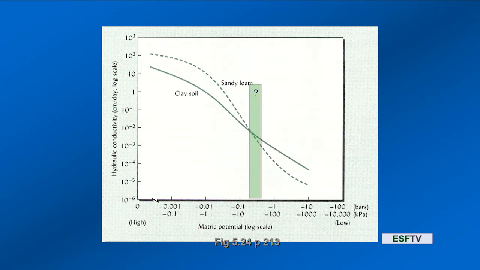We pass field capacity, and now all the micropores are filled with water, and that's where you see this flip. Now the clay soil has a greater hydraulic conductivity than the sandy loam. So this graph you want to keep in your head, because it is a very important link between soil texture and flow rates of saturated and unsaturated flow. So this is useful.